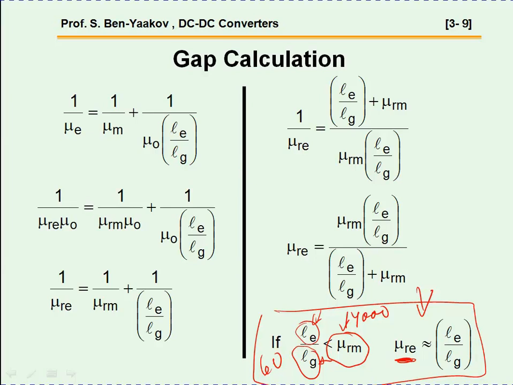So if, for example, Le is 100 millimeters and Lg is 1, then mu r will be 100, much smaller than the 4000 of the original ferrite. And these are the numbers that we may use for high power applications.